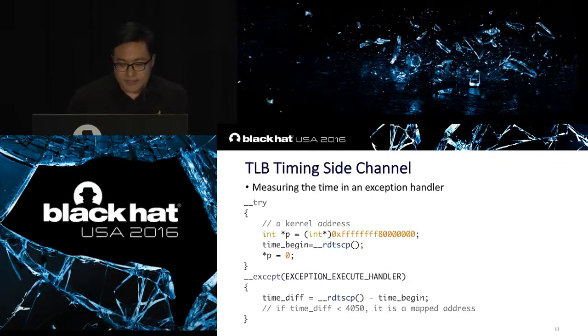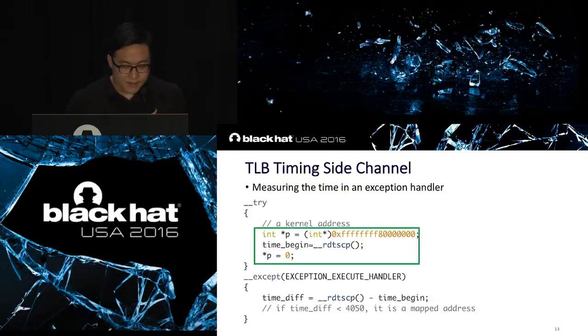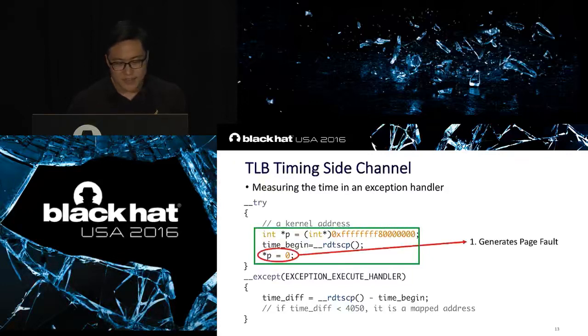And exploiting this timing channel can be done as follows. In the example code, we prepared a try-except block, an exception handler in Microsoft Windows, to catch the segmentation fault, which is a page fault from the CPU. Inside the try clause, we mark a timestamp first, then intentionally generate a page fault by accessing a kernel address.